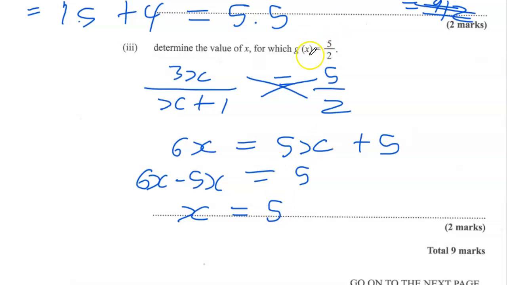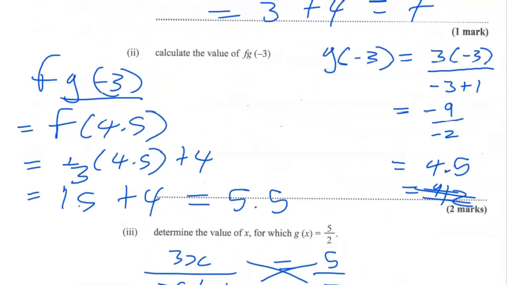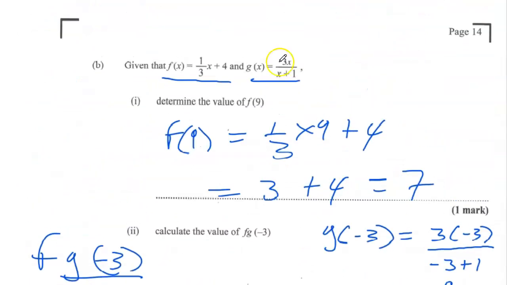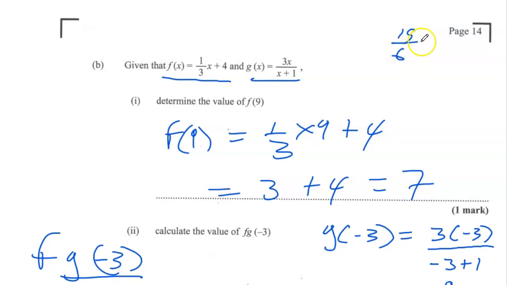So when x is 5, and you can test it, g of x is 5 over 2. You see? When x is 5, g of 5, that's 15 over 5 plus 1, that's 6. And if we divide numerator and denominator by 3 to reduce this, sorry, 15 divided by 3 is 5, and 6 divided by 3 is 2.